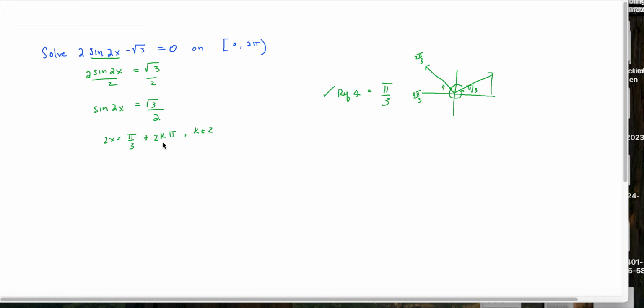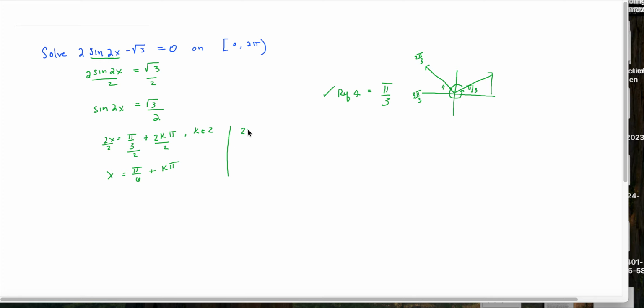We looked at that notation previously. And so if we just want x, we're going to divide everything by 2, which means I also have to divide this by 2 and this by 2. So x is equal to pi over 6 plus, these 2's cancel, so k pi, where k is an integer.